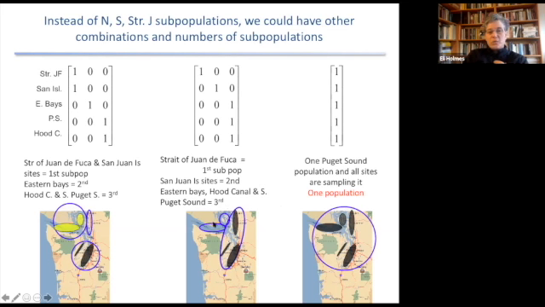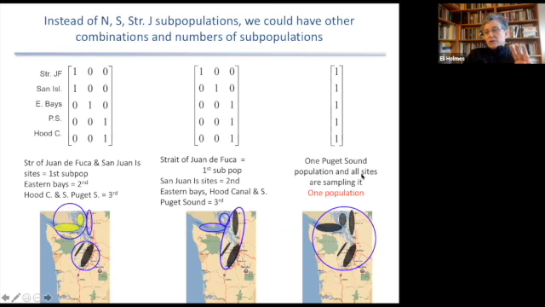So we still have 3 subpopulations, but they're structured a little bit differently. How would we express that mathematically? We would have a different Z matrix. So there's our Juan de Fuca, that's going to map onto that subpopulation. Here's that San Juan Islands, it's going to map onto its own subpopulation.